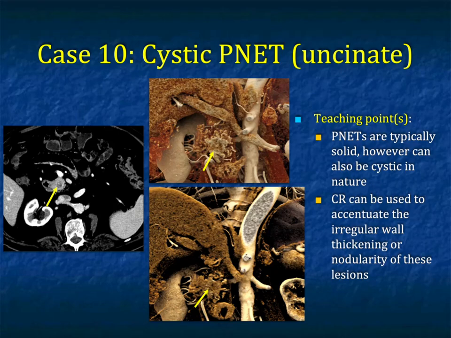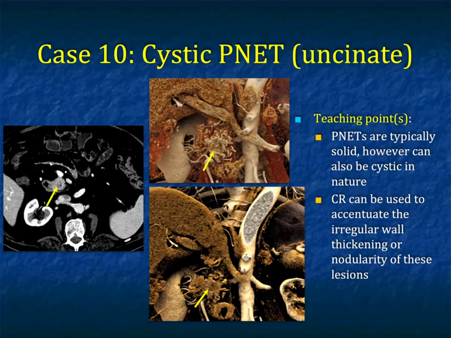Here's another case, not very vascular. It's in the uncinate process, and again, you could think very much this is an adenocarcinoma. It is a bit more enhancing on the edge, perhaps, than a typical adenocarcinoma, and this is a cystic neuroendocrine tumor. Neuroendocrine tumors, both small and large, can be cystic.